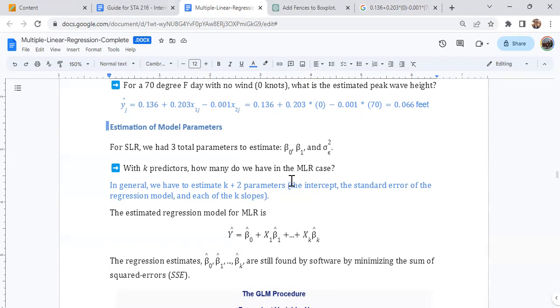So why do I even bring that up? Well, it's always important in statistics to recognize how big your sample size is and how many things you're estimating. In general, you want your sample size to be bigger than the number of parameters you're estimating.